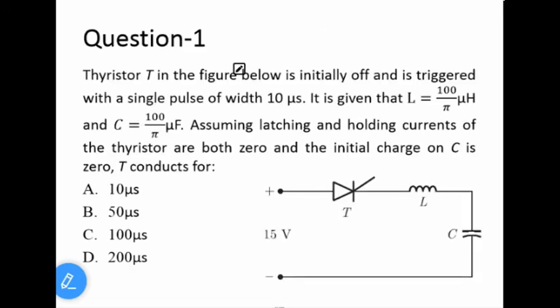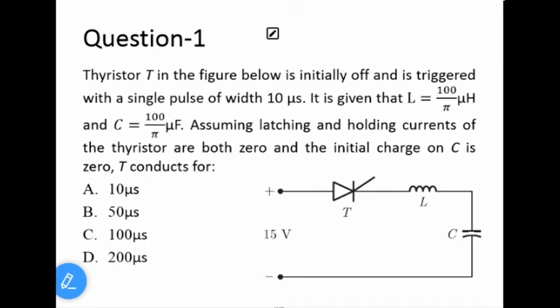Now let us take one question which appeared in the GATE exam. Here there is no relation between the question and the SCR characteristics. Here SCR is the switch, that's all. Now thyristor T in the figure below is initially off and is triggered with a pulse width of 10 microseconds.